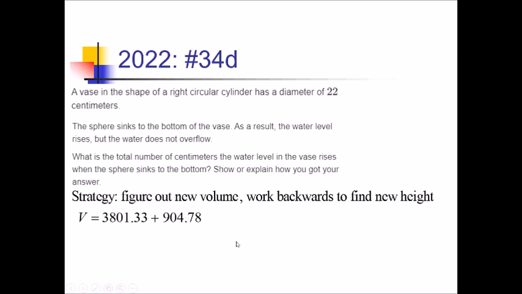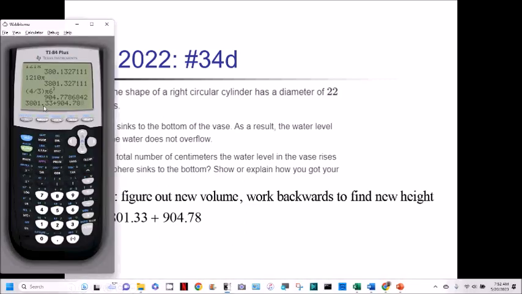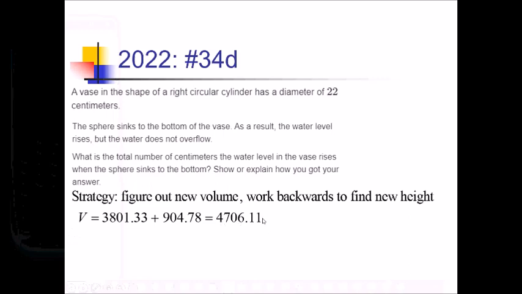Adding those two together on the calculator now, let's see what we get for the new volume of the stuff inside the cylinder. So adding that up, we end up with 4,706.11. I'm just going to keep it out to 2 decimals here because you need to be at least 1 decimal of accuracy. And now we're going to work backwards.